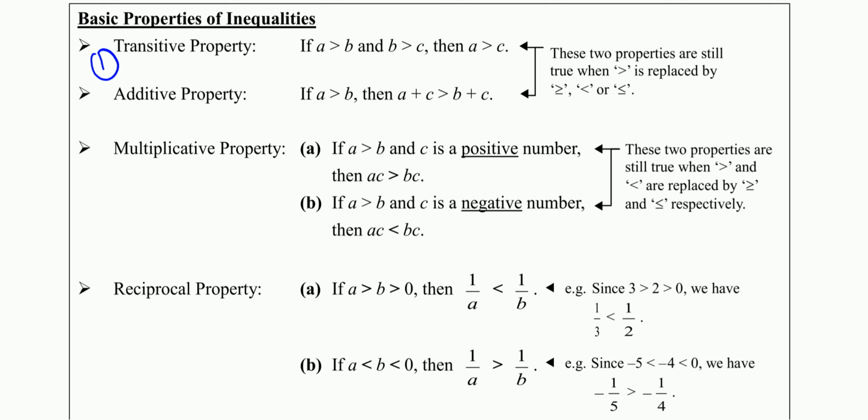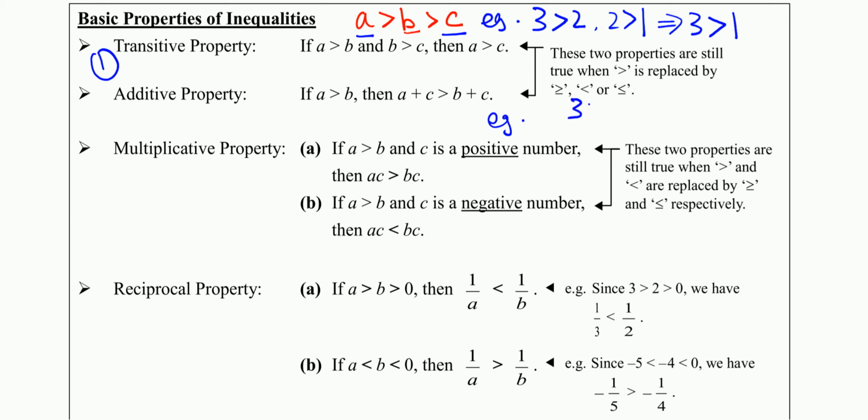That means if A is greater than B, and B is greater than C, obviously you know the result: A is greater than C. So a simple example: 3 is greater than 2, 2 is greater than 1, and then you know 3 is greater than 1, obviously. And the additive property is also simple. Let me give you some simple examples.